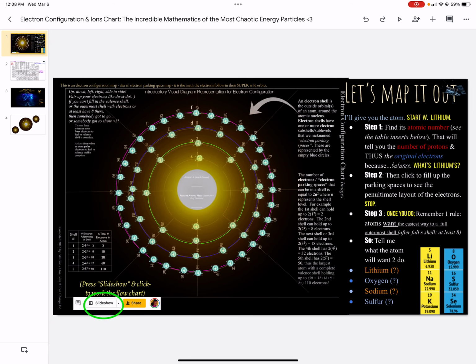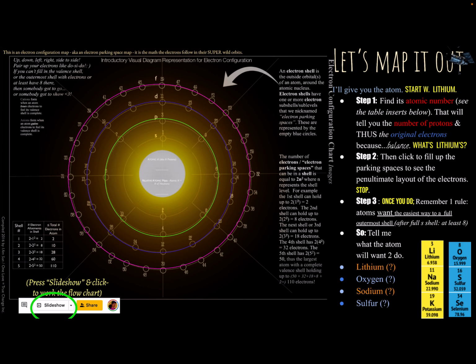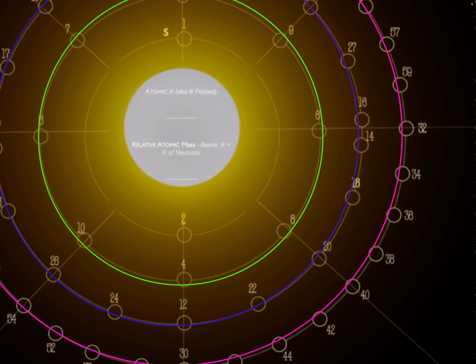Then I'm going to go to the electron configuration chart. I'm going to press the present or slideshow button, which shows up as a triangle in the top right-hand corner for iPads and tablets. Present on this device. Now I'm going to fill up the electron configuration chart for potassium. Since the atomic number of potassium is 19, that means it has 19 protons in the middle.